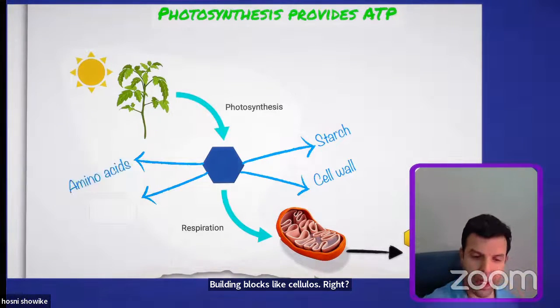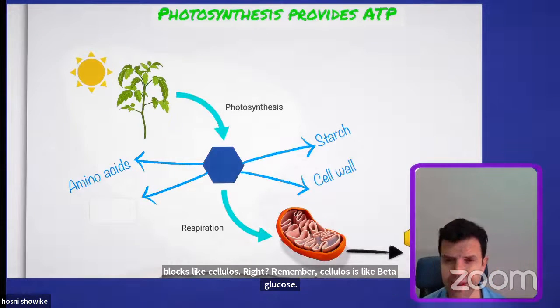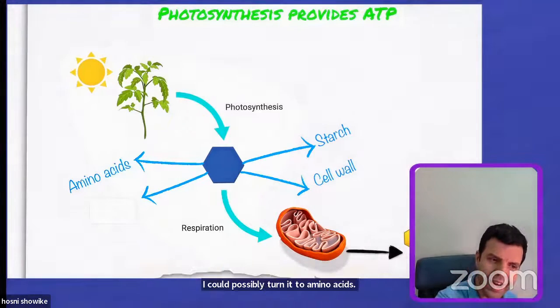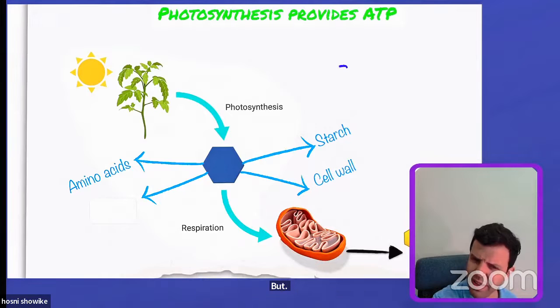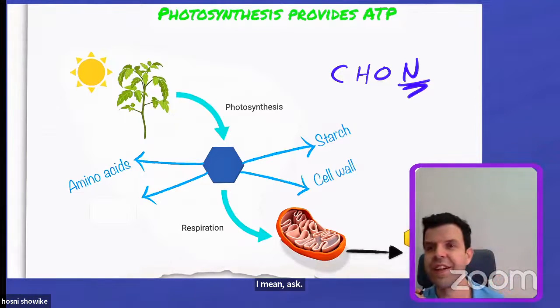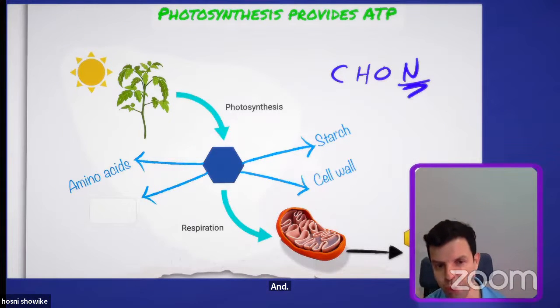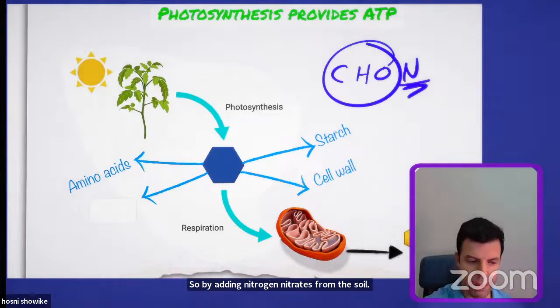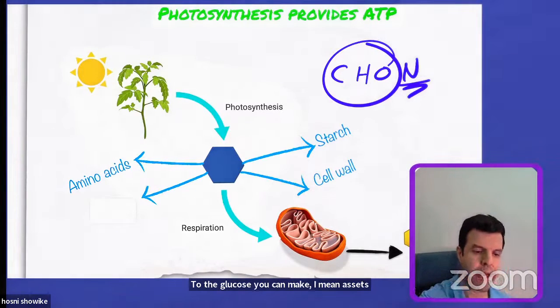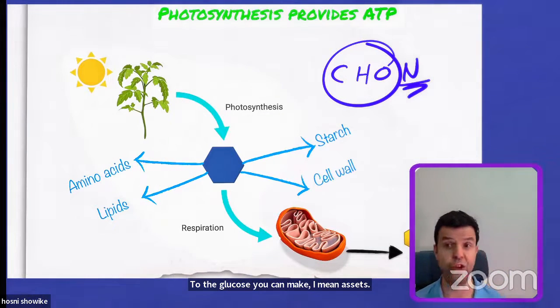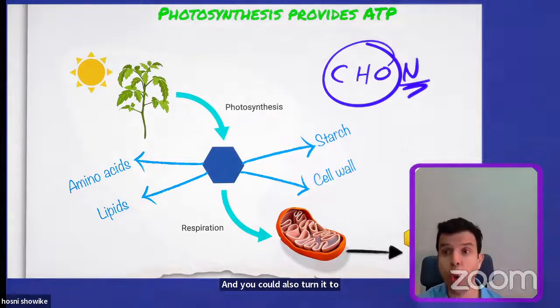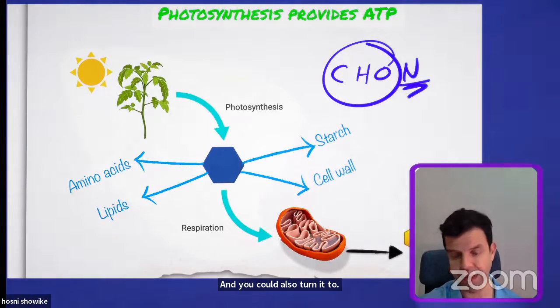I could possibly turn it into amino acids, but how? Amino acids have C, H, O and there's an N. So by adding nitrogen, nitrates from the soil, to the glucose, you can make amino acids. And you could also turn it into lipids. I'm going to show you all of this next class, next week.